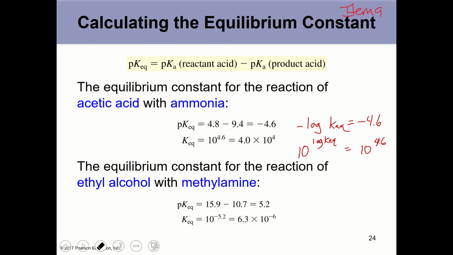So if we raise both sides to the power of 10, 10 to the power of log Keq is equal to Keq, and that cancels the log, and that will equal 10 to the 4.6. And you solve for Keq.